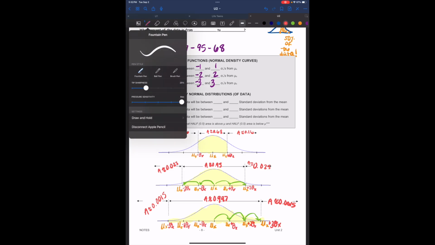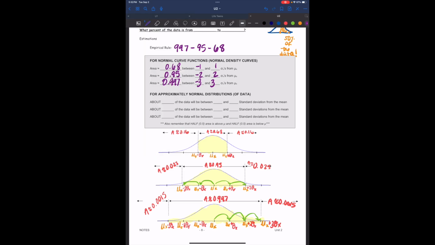Let's go back up to here and do a little recap, shall we? It says, for approximately normal distributions of data, because this is our reality, not everything is really going to be perfect all the time. A lot of times it's going to be approximations. So we could say about 68% of the data will be between -1 and 1.